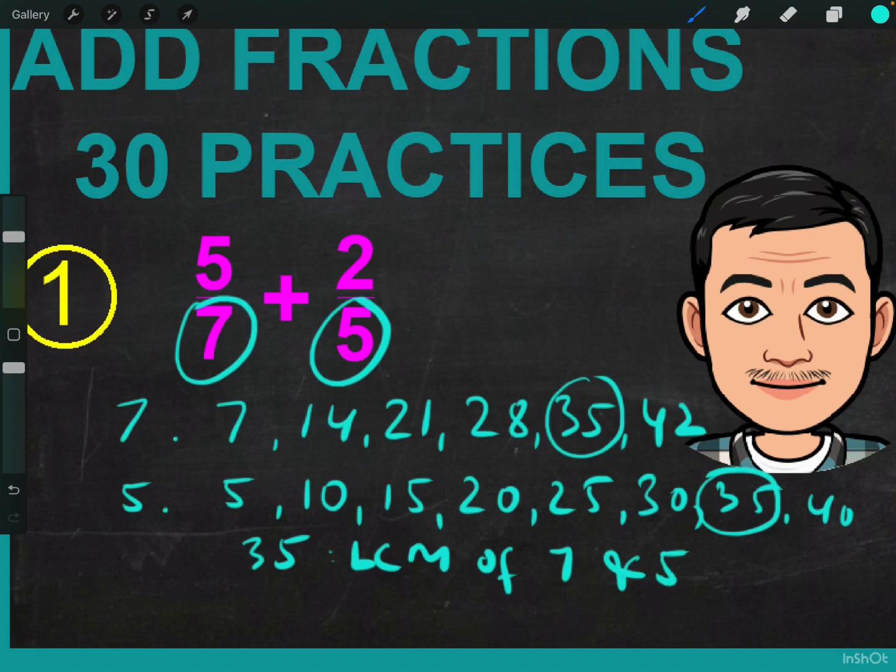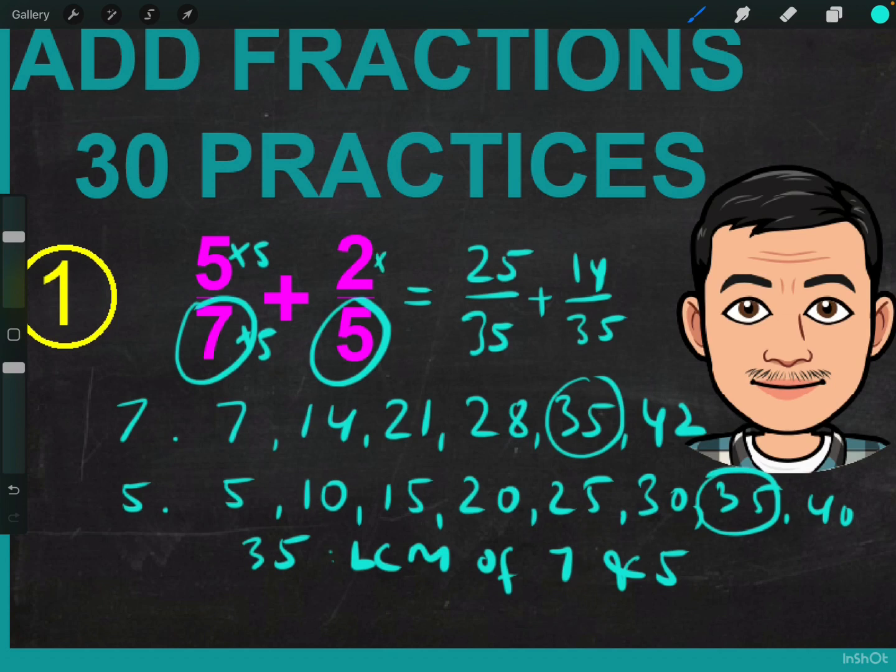Alright, so from the fraction 5/7, we convert it to 25/35. So we multiply both top and bottom by number 5. And for fraction 2/5, we convert to 14/35.